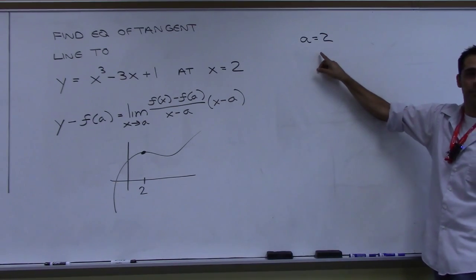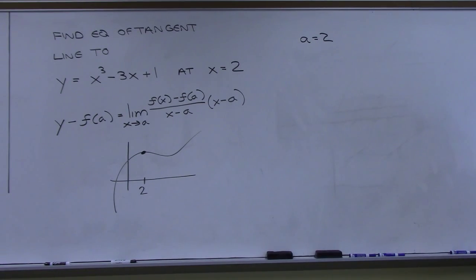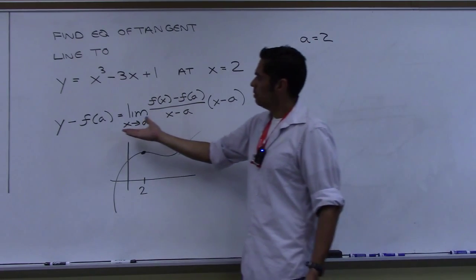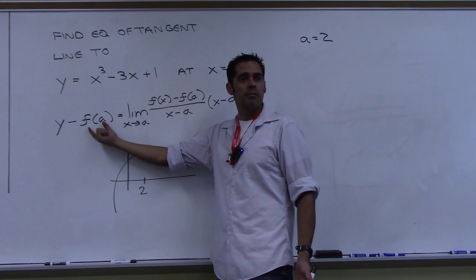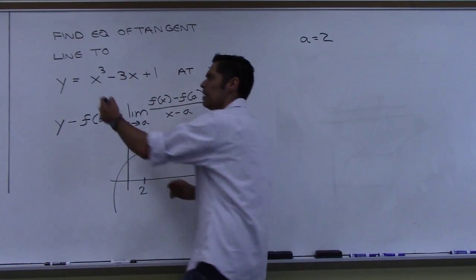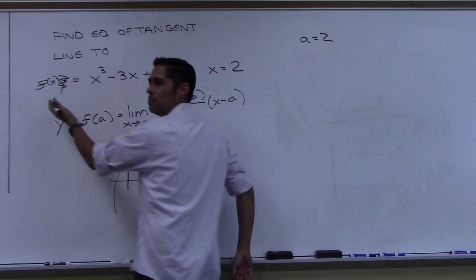Understand? Okay, now, what other piece of information am I going to need in here? What's something else I can actually evaluate here? f of a, right? Can I figure out what f of a is? Sure, so plug a into this. Now, we didn't call this f of x, but didn't we always say y is f of x, right?